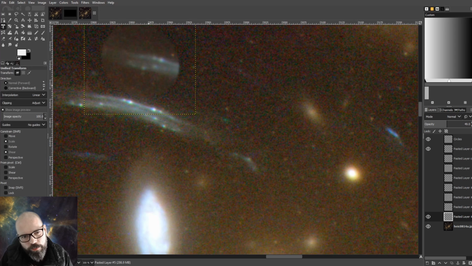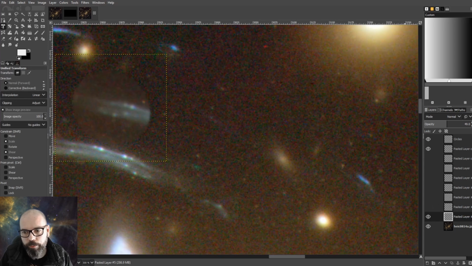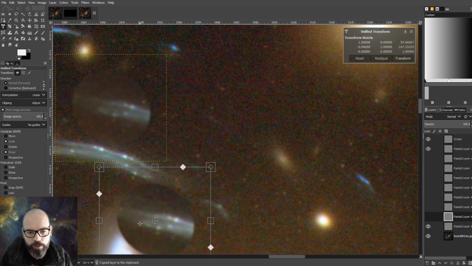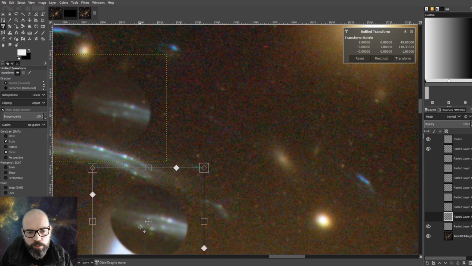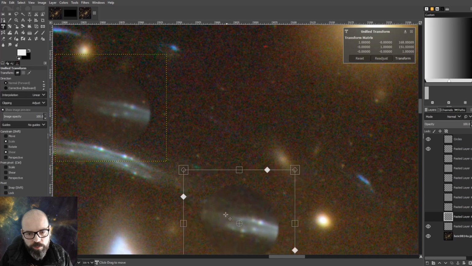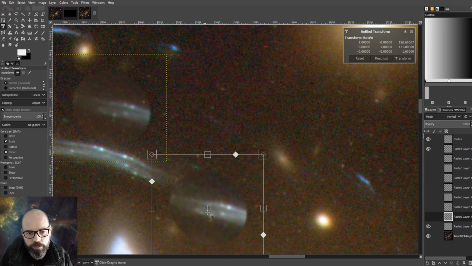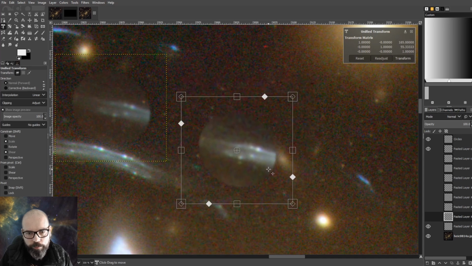Now if we take these here, this is the part of the image we were just looking at. Much fainter, and certainly more of a sharp angle that's visible there. So if we take a copy of this one, and move it over here, we can see the bottom stars here are more separated and have a sharp angle compared to the top ones. So I'm wondering if we flip this top to bottom.